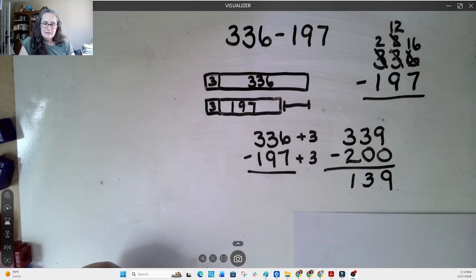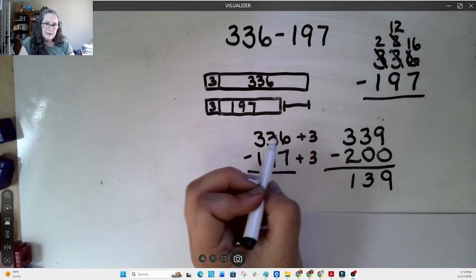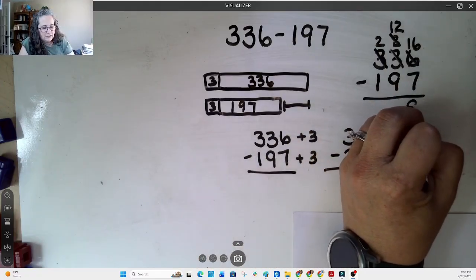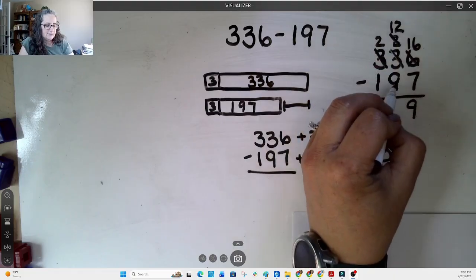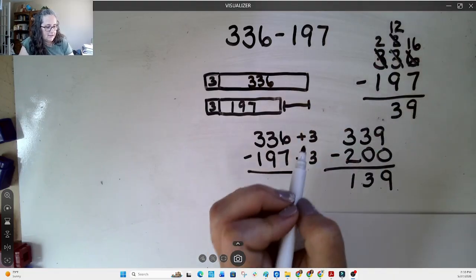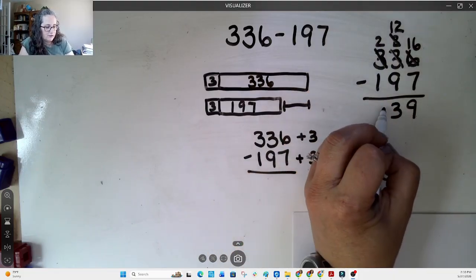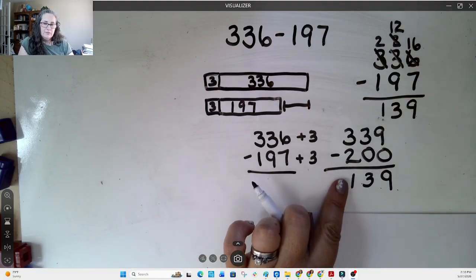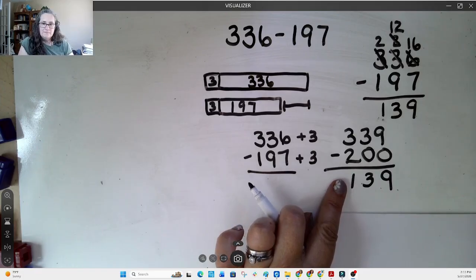You can see if I did all of the regrouping and renaming, I'm going to end up with 16 ones minus 7 ones is 9 ones, 12 tens minus 9 tens is 3 tens, and 2 hundreds minus 100 is 100. So we get the same difference, but here we took a lot less steps.